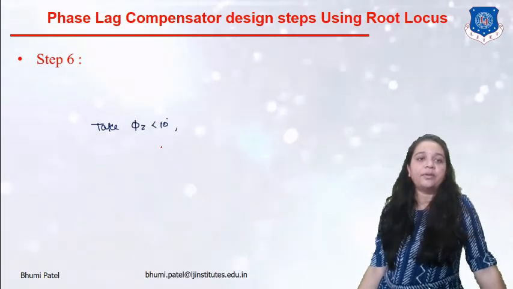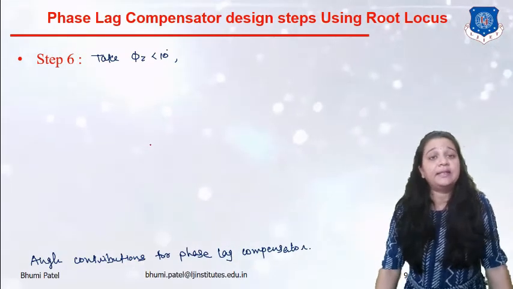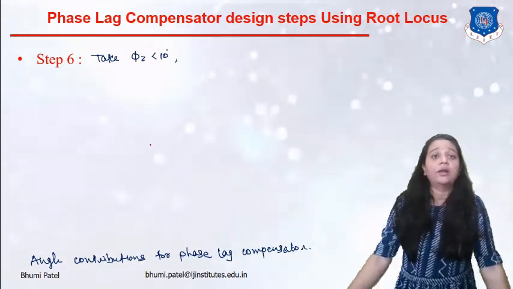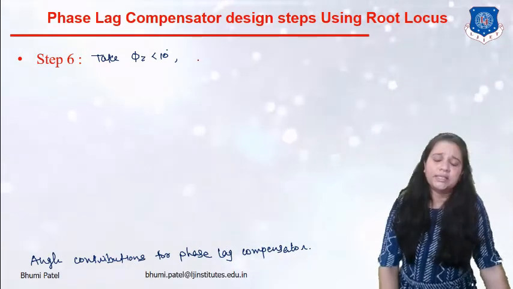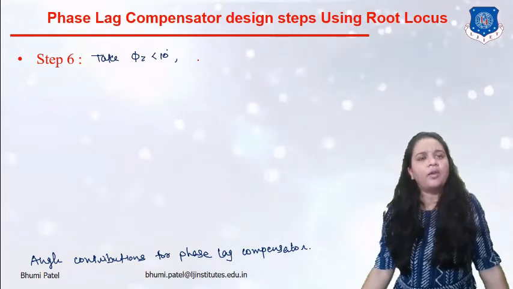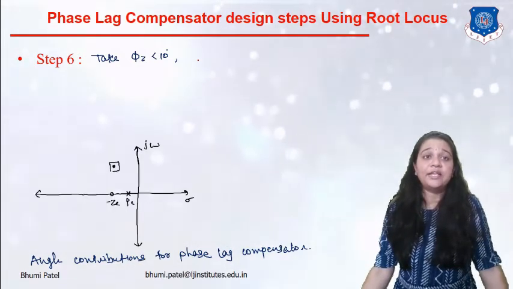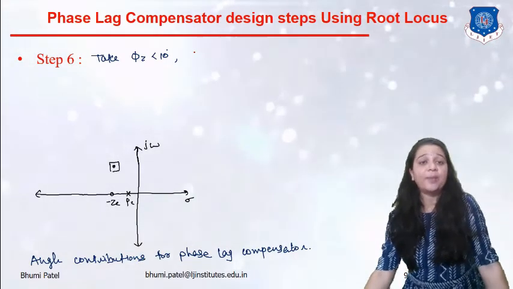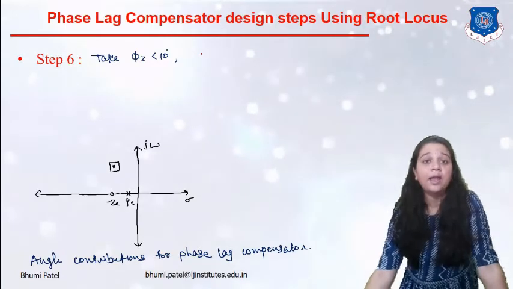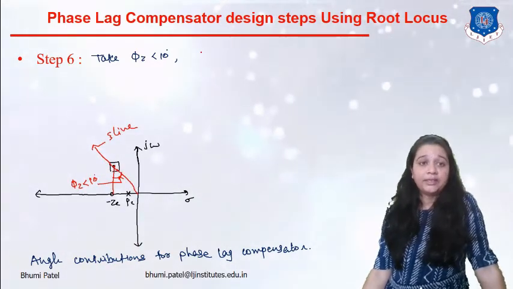Now step number 6. First take phi z less than 0. We can also take phi z equal to 6 degrees, 7 degrees, but always take phi z less than 0 for the phase lag compensator. Here you can see my pole locations, 0 location and the SD point, and this is the angle of the zeta line.